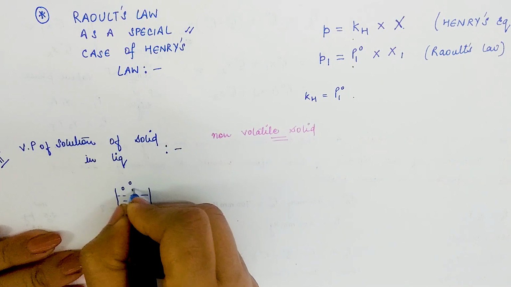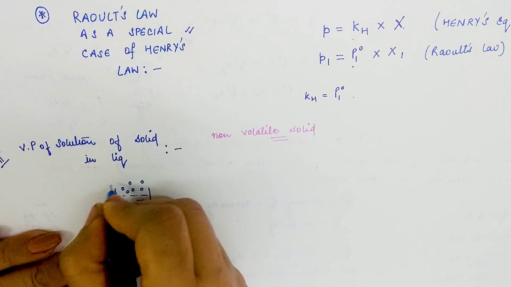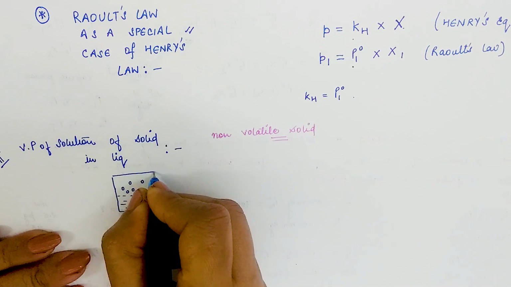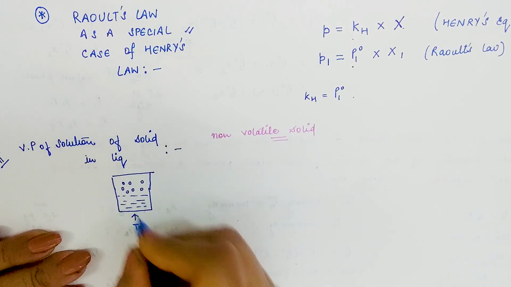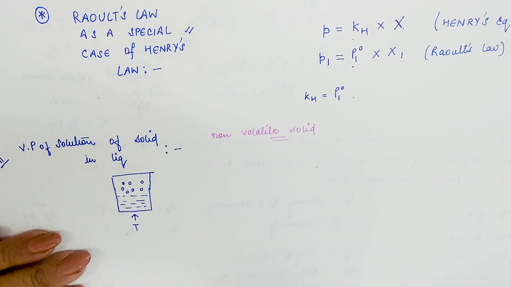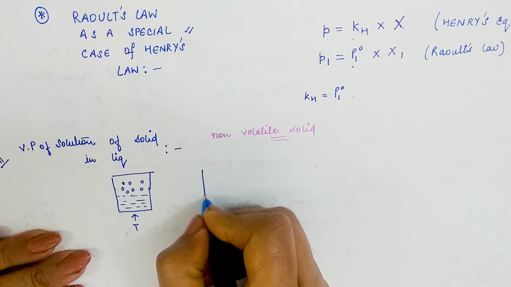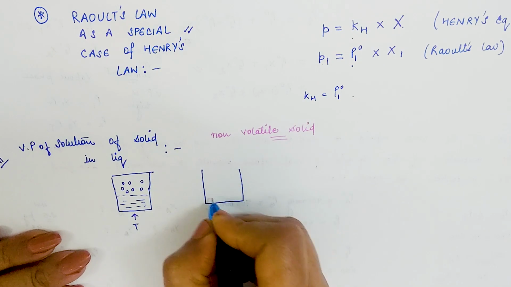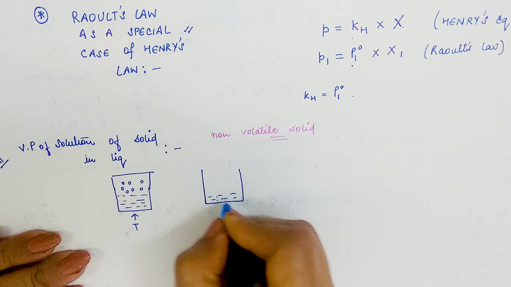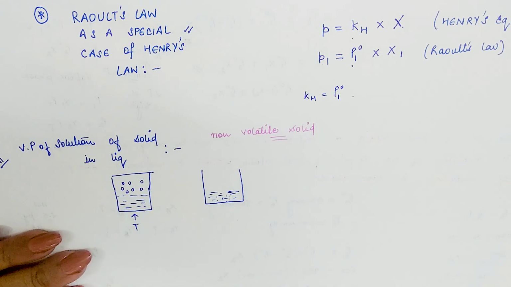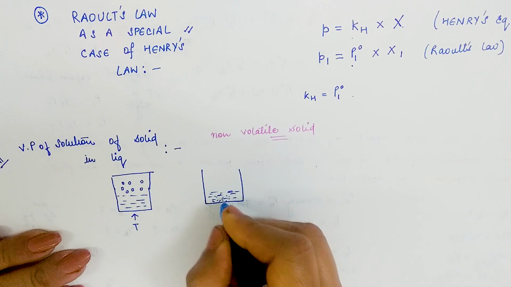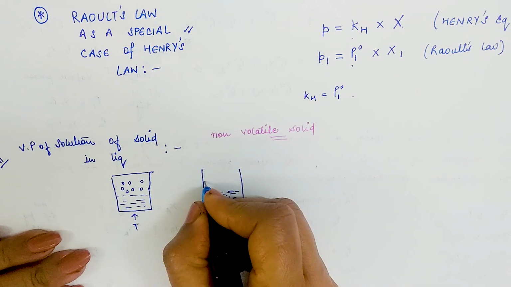These vapors will be formed on the top, and I already told you we are having the closed chamber. Now these vapors are formed and they will create the vapor pressure on the liquid. Now just see, when I dissolve a solid in the liquid, any solid you can take, here one point I'll discuss with you. When this solid is dissolved in the liquid, what will happen now, children?